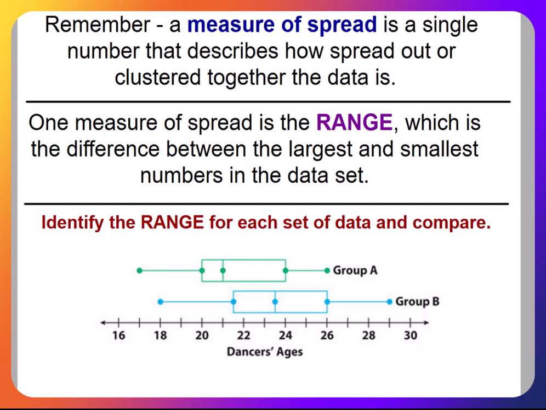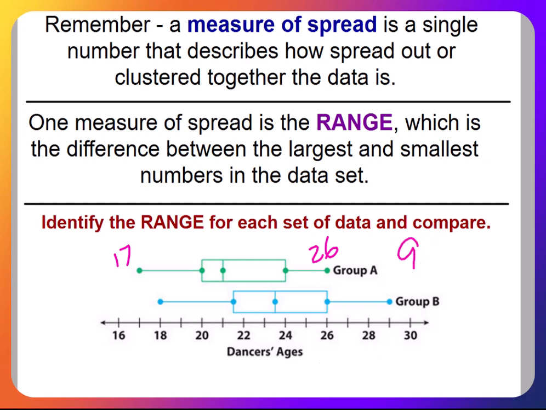Okay, so look at these 2 box plots and let's identify the range. Again, it's going to be high minus low. So looking here, group A, my low is at 17, my high is at 26, so we subtract the 2 because it's the difference between the high and the low. 26 minus 17 is going to be 9.